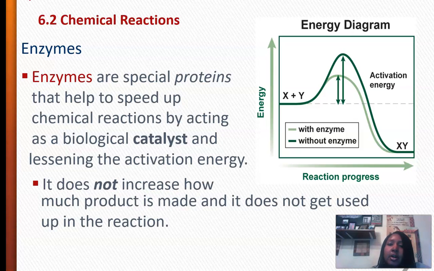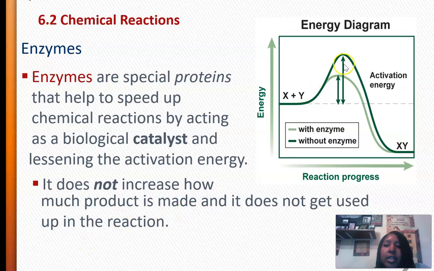Enzymes are special proteins that help to speed up chemical reactions by acting as biological catalysts and lessening the activation energy. So enzymes lower the activation energy, the energy that's needed for the reaction to occur, and they do not increase how much product is made, and enzymes are not used up in the reaction.